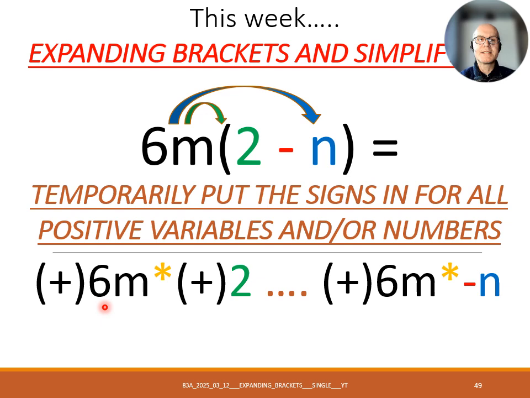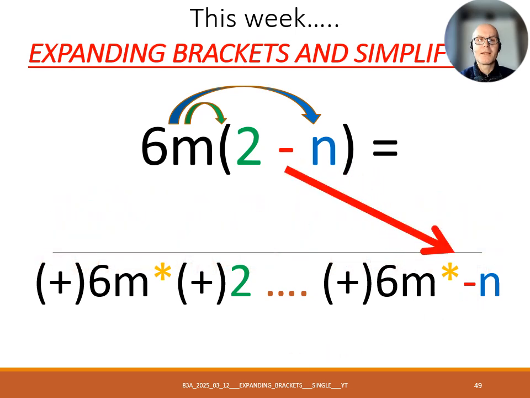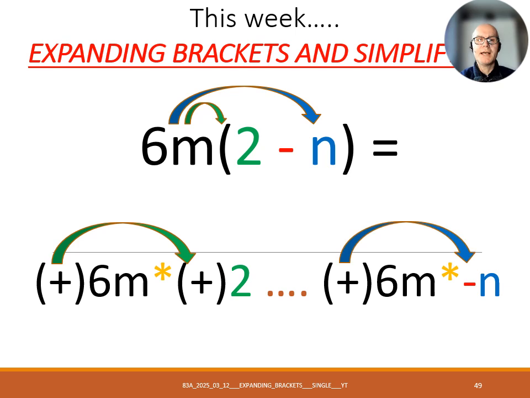We have positive 6m times positive 2 and positive 6m times negative n. Here's where the negative sign comes from for the negative n variable. Positive 6m times positive 2 and positive 6m times negative n.